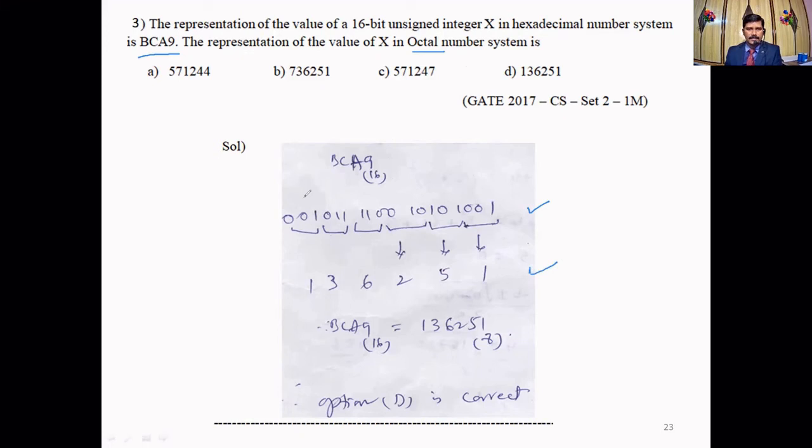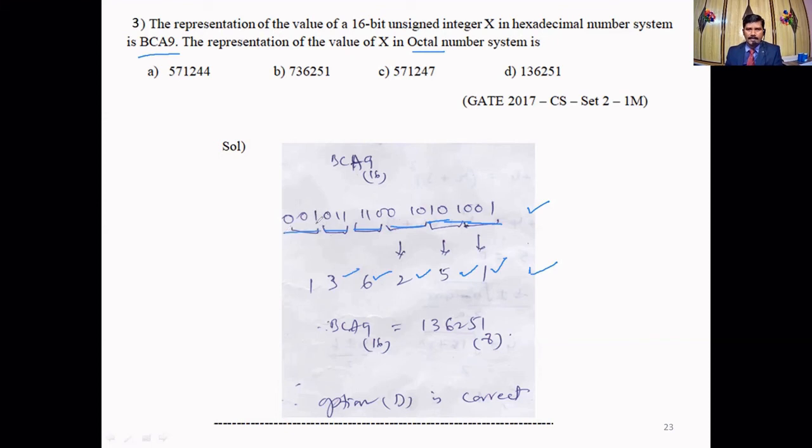Here one point we need to remember: there is no decimal point, that's why we group 3 bits starting from the right. So 101 is 5, 011 is 3, 010 is 2, 110 is 6, 011 is 3, and this is 00.